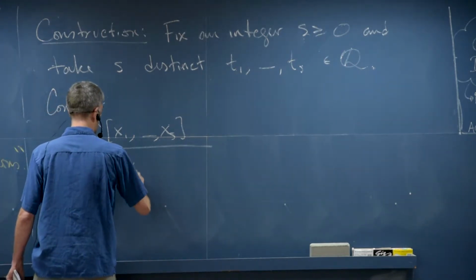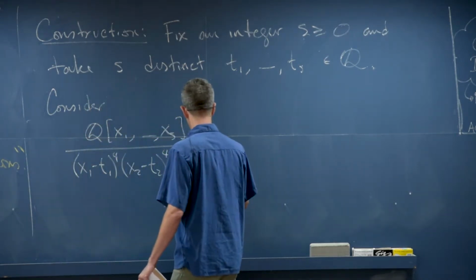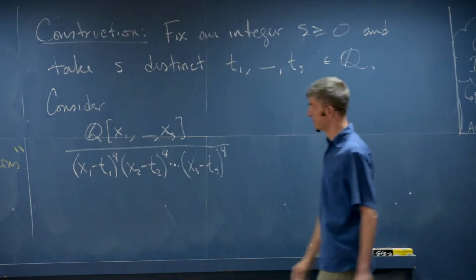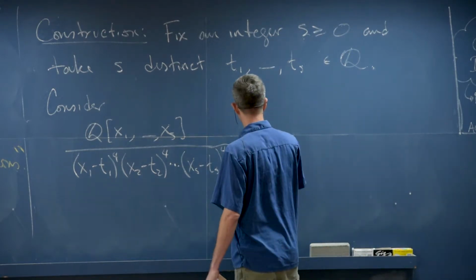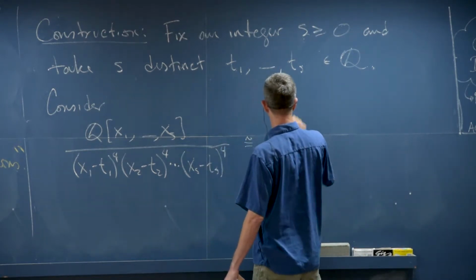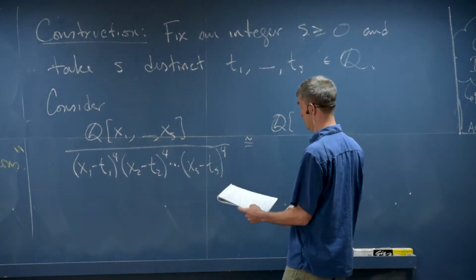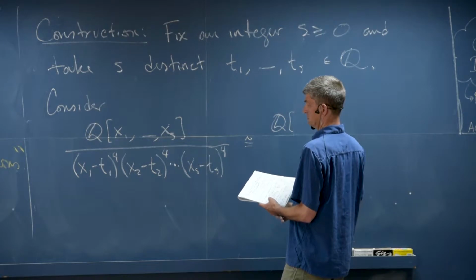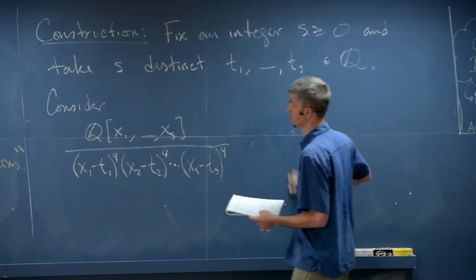We'll get there. (x2 minus t2) to the fourth, (xs minus ts) to the fourth. So of course the Chinese remainder theorem says that this is isomorphic. Well, do I want to say that yet? Yeah, let me not worry about that.